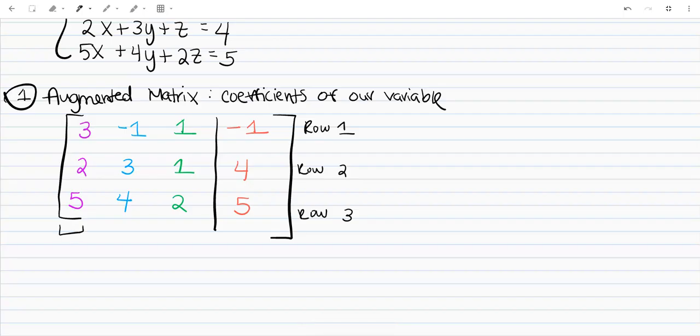This column represents your x values. This column represents your y values. And this column represents your z values. So this is the matrix we will be performing row operations on.